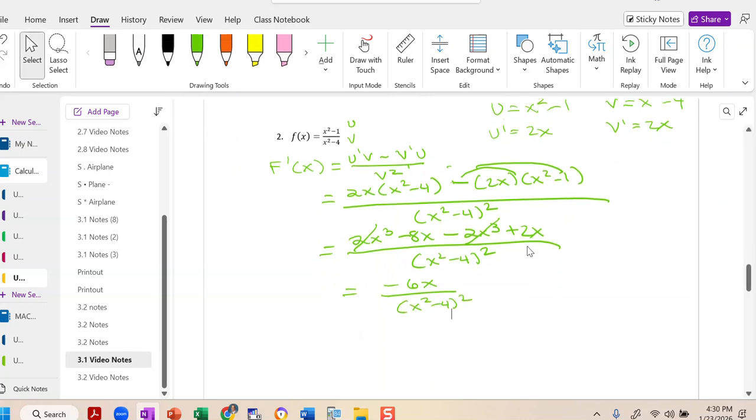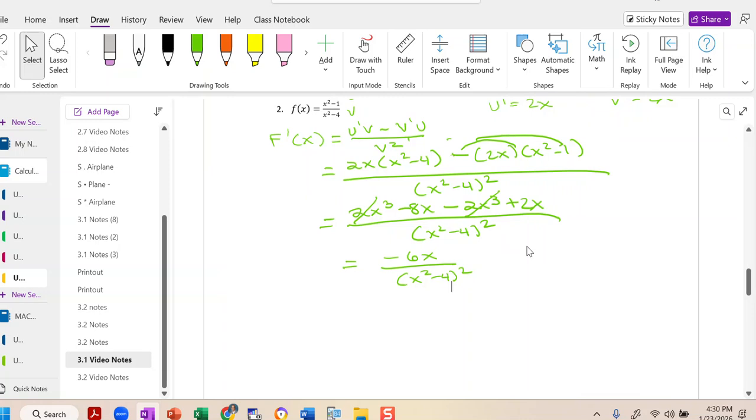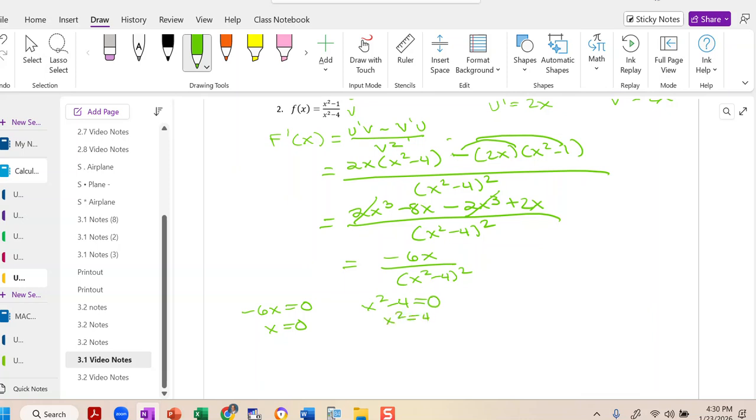Now for fractions, remember the critical numbers make the numerator and denominator 0. The numerator is 0 when x is 0. The denominator is 0 when x is plus or minus 2. So there are 3 critical numbers here.